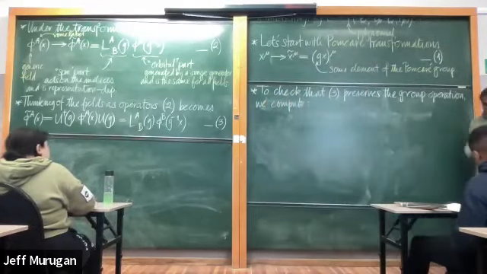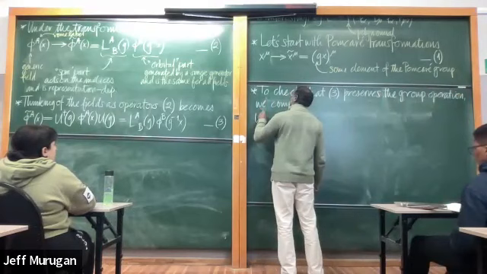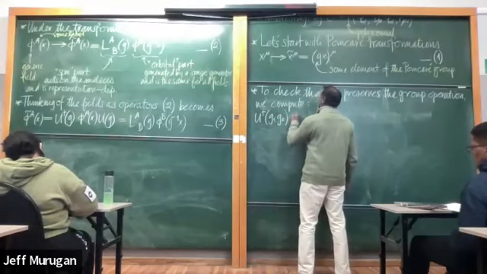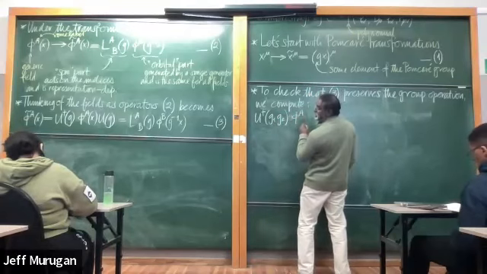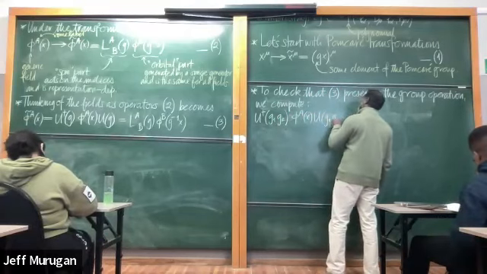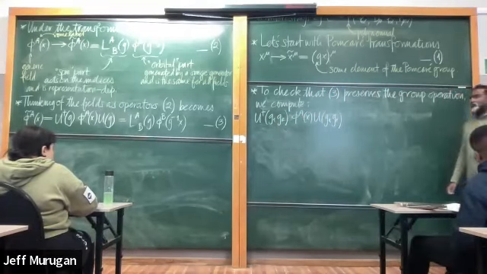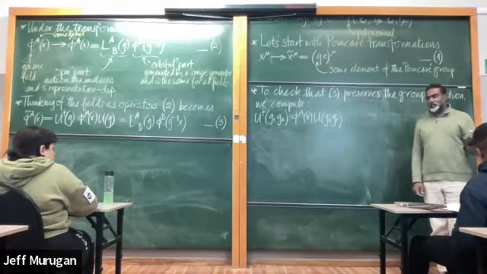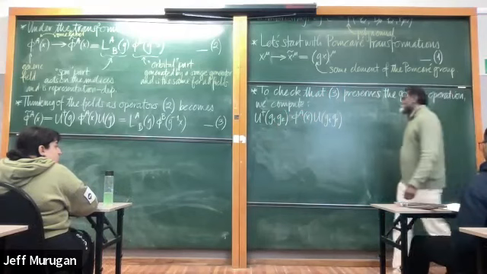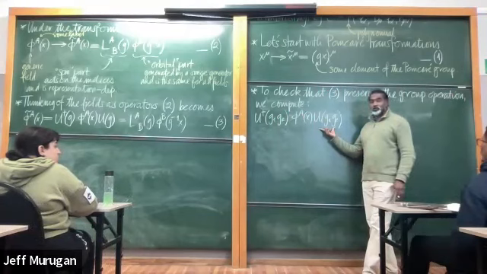Take this and calculate U dagger of g1 g2 phi a of x U of g1 g2. So the group operation says that g1 g2 is g1 times g2. And then the representation, this is a faithful representation, if U of g1 g2 is U of g1 U of g2.